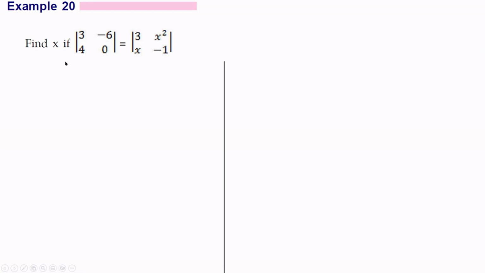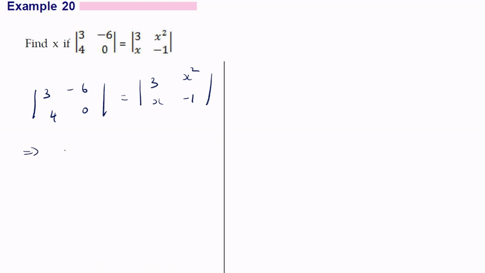Next question, find x if determinant of this is equal to determinant of this. So this is not like matrix, we cannot compare the terms. Here this is a real or complex number and this is a real or complex number. So here we are given 3, minus 6, 4, 0. This is equal to 3x, square x minus 1.